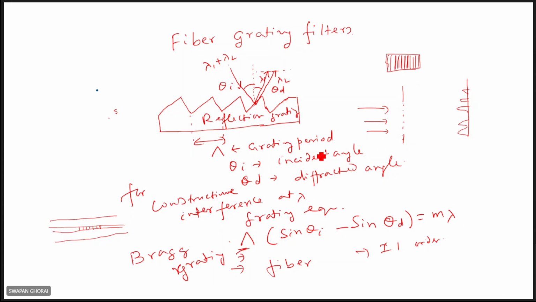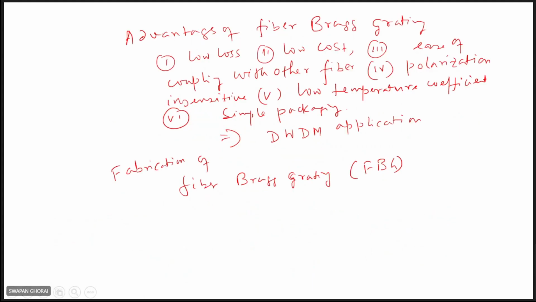But when it is used as a Bragg grating, there are only plus minus first order. In general, in a grating there will be several orders. But if it is a Bragg grating, not only fiber but any Bragg grating, when the Bragg condition is satisfied, then only plus minus one order will be there. So lots of advantages, I told you last time.